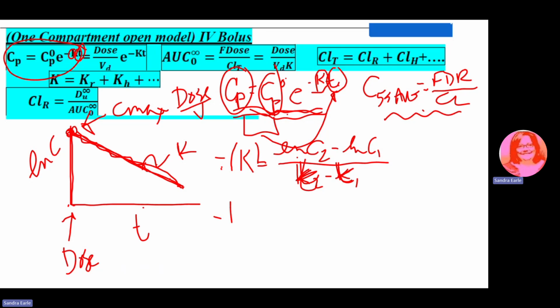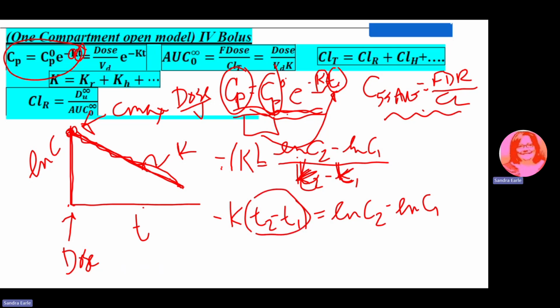Well, if you like to do algebra, we can simplify or change the equation. Okay, is everybody with me so far? I just brought the denominator over here. And if we call this change in time t, note it's the change in time between the two points.